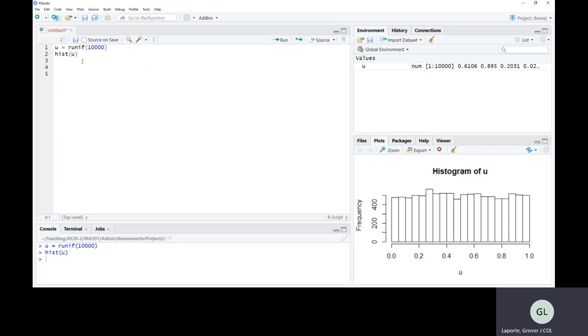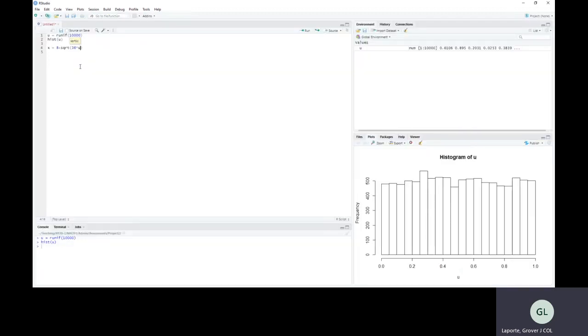And now we want to convert these to x. So I'm going to substitute in the equation that we just developed using a little bit of math, and I'm going to get 8 plus the square root of 36 times u. And let's see what happens now. Oops, I don't know why it did that.